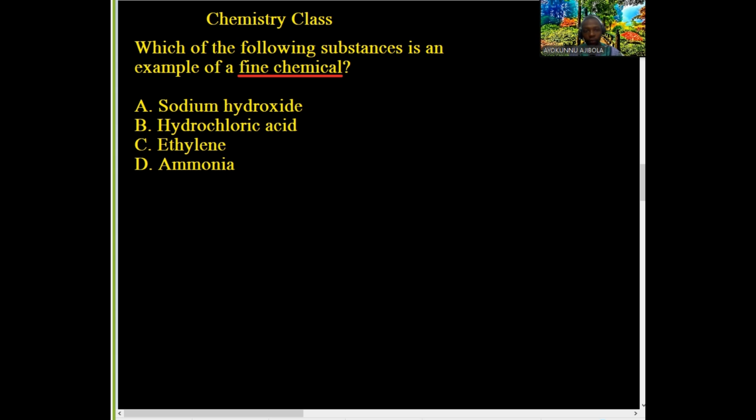So the chemical that is so toxic or so concentrated here is option B, which is hydrochloric acid. Is that clear? Yes, sir.